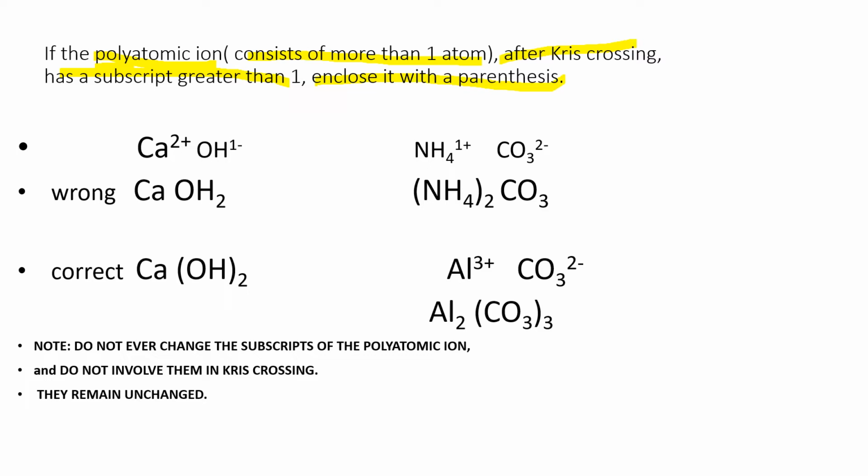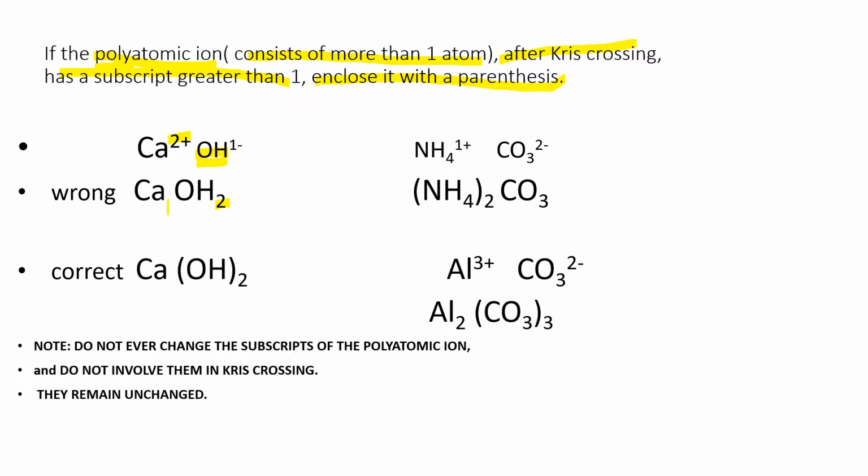Let us have an example. Ca here is 2 positive and hydroxide here is 1 negative. So we have a polyatomic ion here, OH, which is hydroxide, composed of oxygen and hydrogen. Now, after crisscrossing, this 2 is now the subscript of OH and 1 is the subscript of Ca.